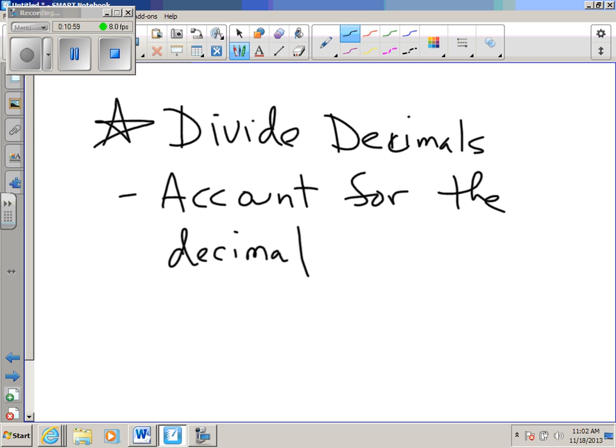Multiplication is the opposite of division. And if in multiplication you take care of the decimal last, well, what's the opposite of last? First. So we'll account for that first. When we divide with decimals, we want to really make sure we've got our decimal taken care of first.